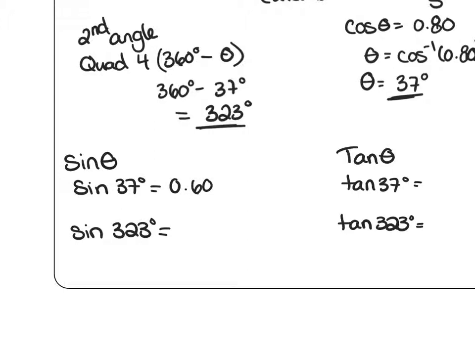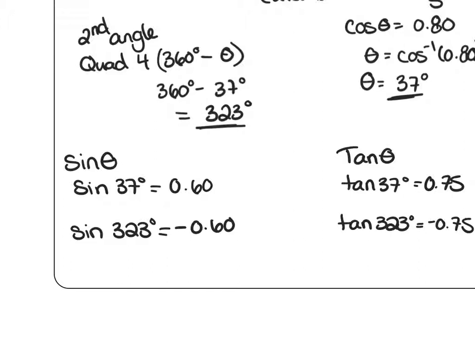Sine 37 is 0.60 and sine 323 is negative 0.60. Tan 37 is 0.75 and tan 323 is negative 0.75.